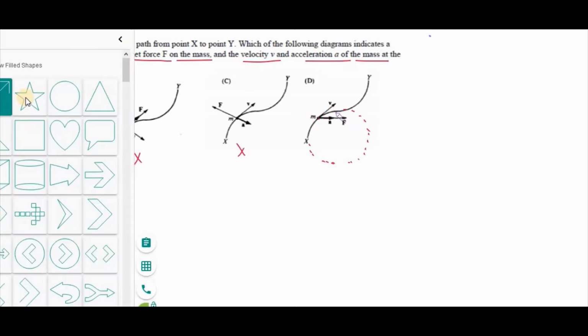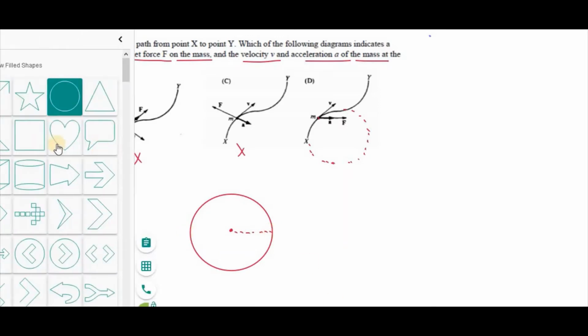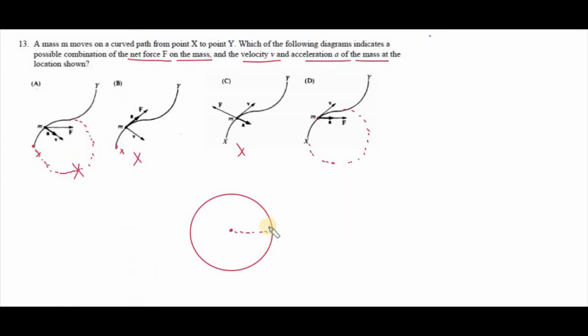Let's say this represents the circle. During its rotation, we have already learned that there would be a centripetal acceleration directed radially inward. That's called the radial acceleration as well. And we have considered that motion to be uniform circular motion.